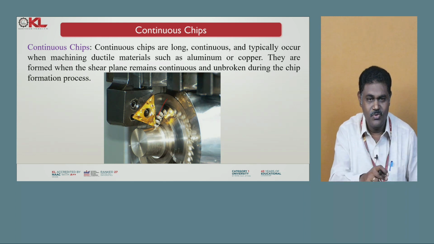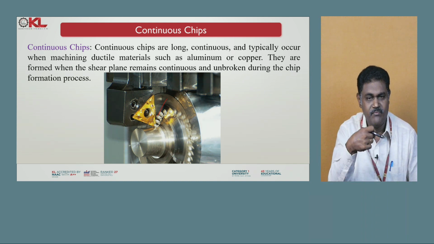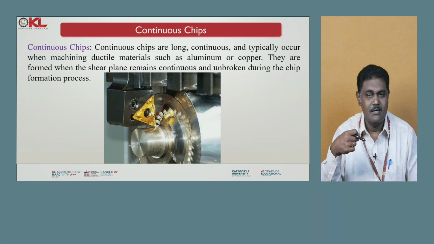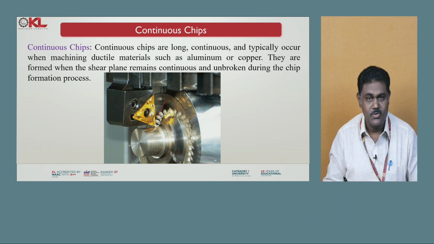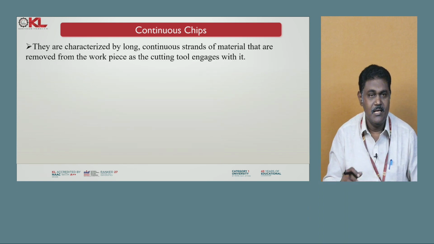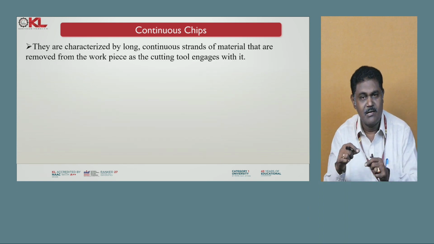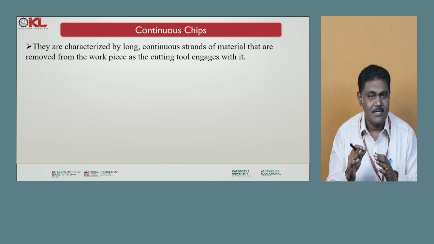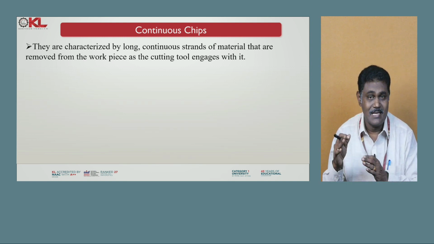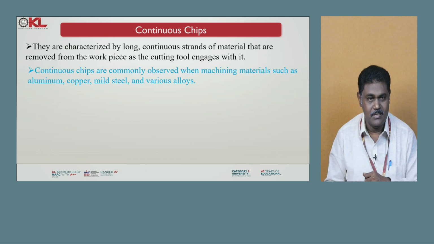Now the tool is hitting against the workpiece and the material is removed in the form of a continuous ribbon. It is mainly characterized by long continuous strands of material that are removed from the workpiece as the cutting tool engages with it.